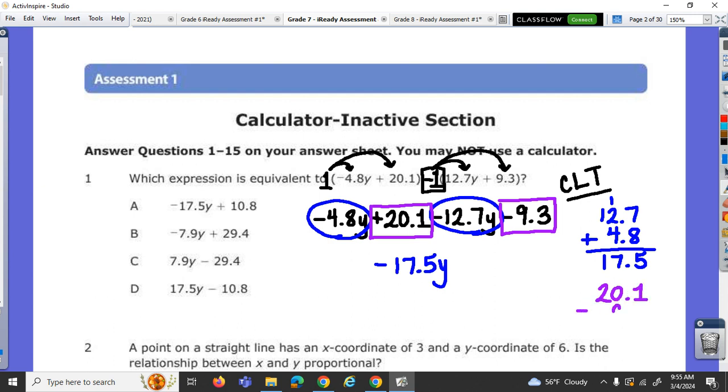I have to do a little borrowing here, going all the way across. So I got 10.8. That matches perfectly with A.